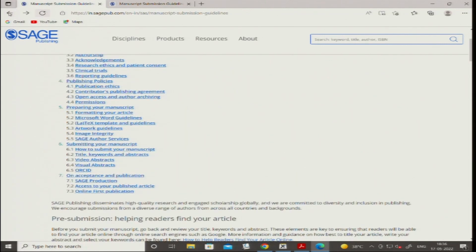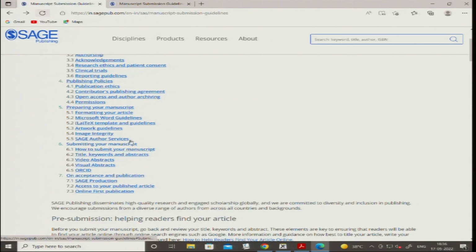So if you are unable to do that, you can take advantage of these services, because if your language is poor or if editing is poor, it diminishes the chances of acceptance and increases the chances of rejection. So to avoid rejection and ensure acceptance, you can use some journal services, right? They are also good for research development.